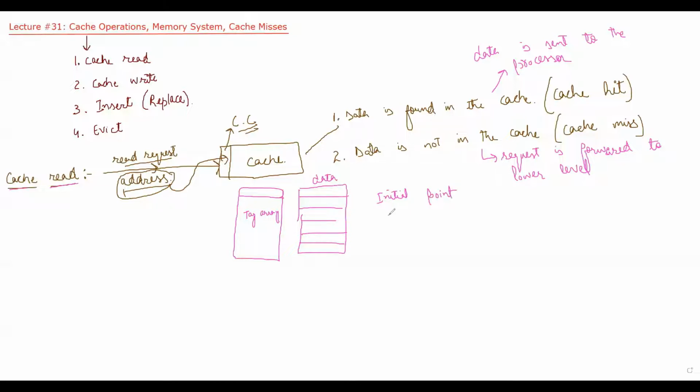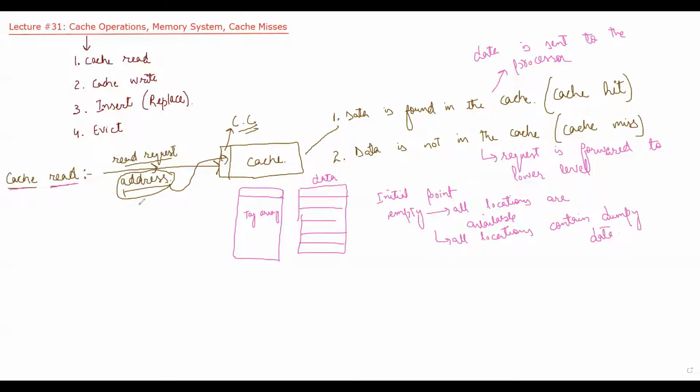So this cache will be empty. Okay. So that means all locations are available. Or I can say all locations contain dummy data. Dummy data means that it is of no use.